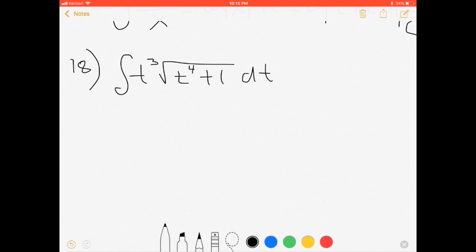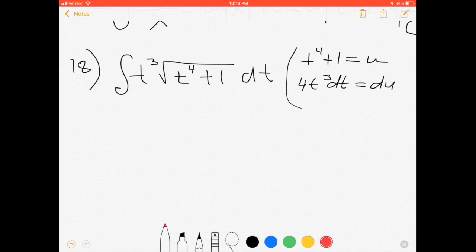Great substitution, because the derivative of t to the 4th plus any constant will be something with t cubed. This means you almost have it. Let's say t to the 4th plus 1 will be u. 4t cubed dt will be du.